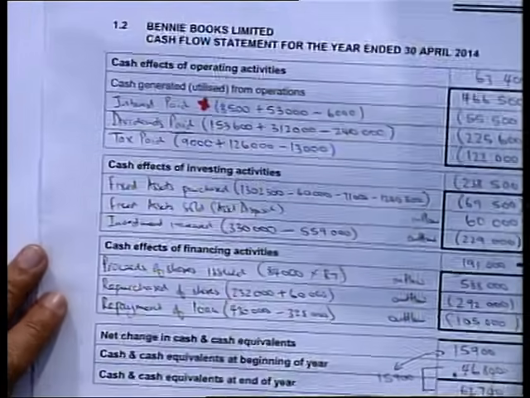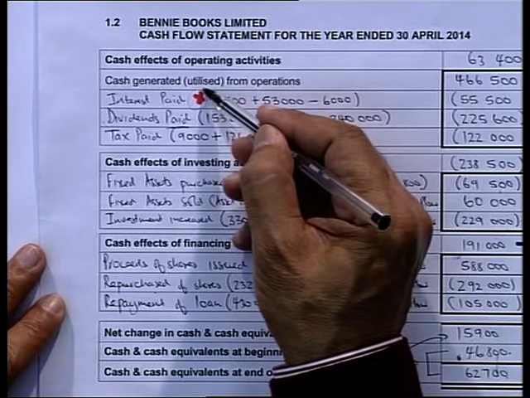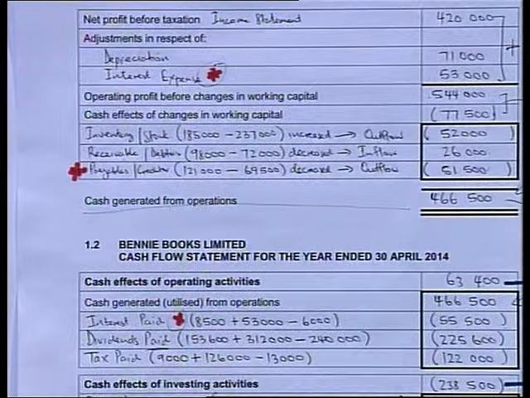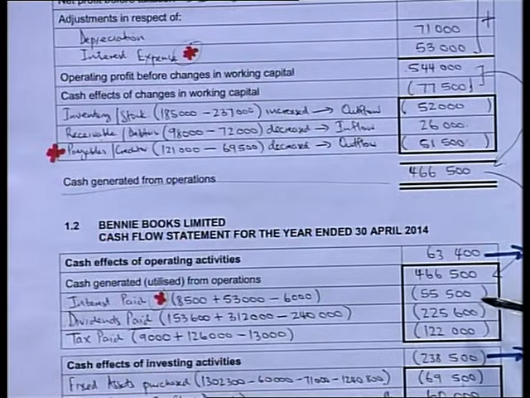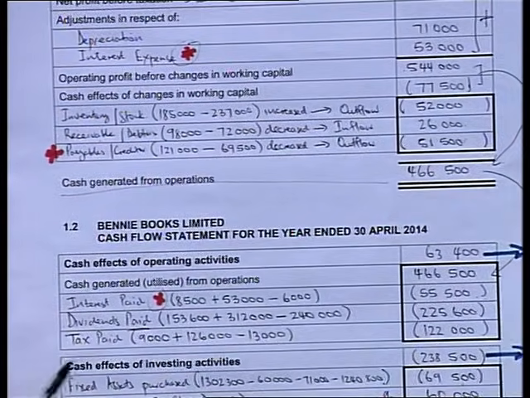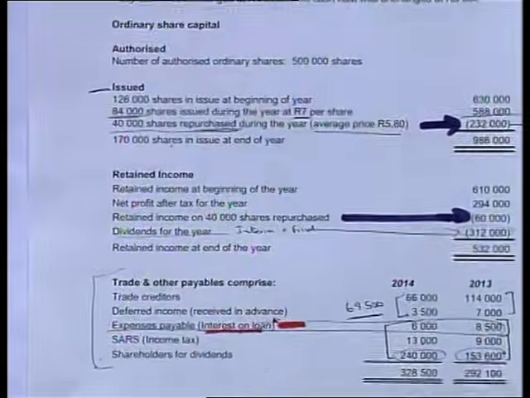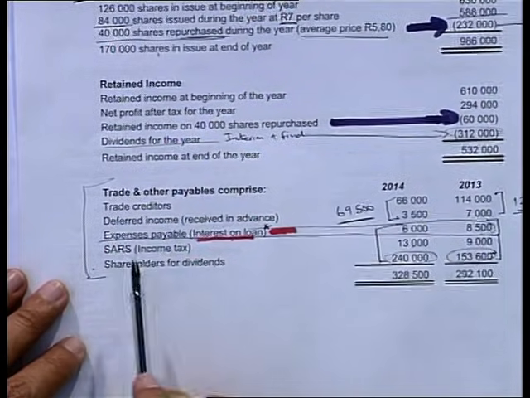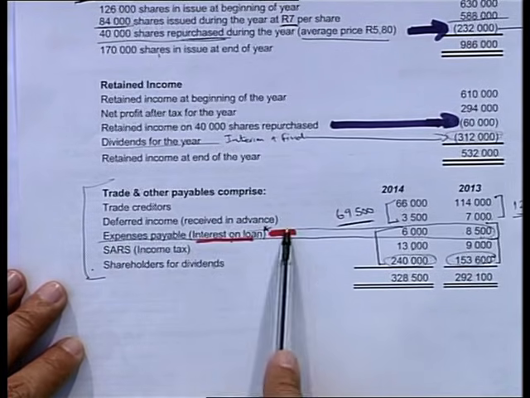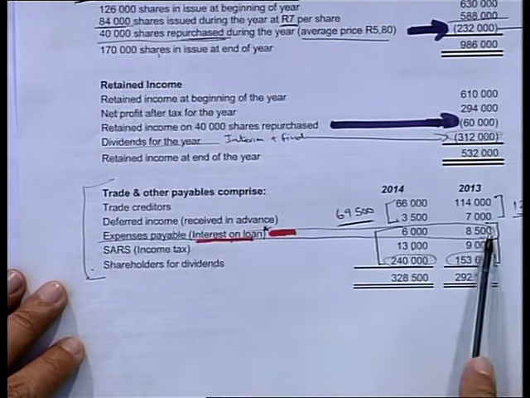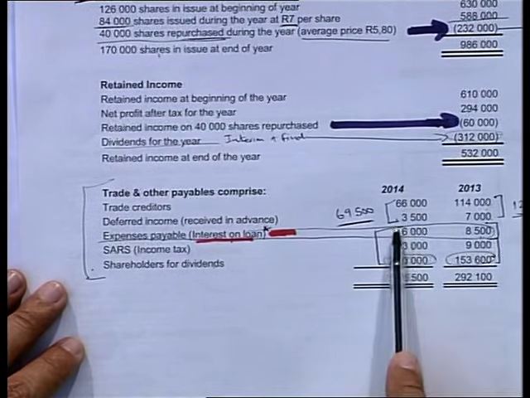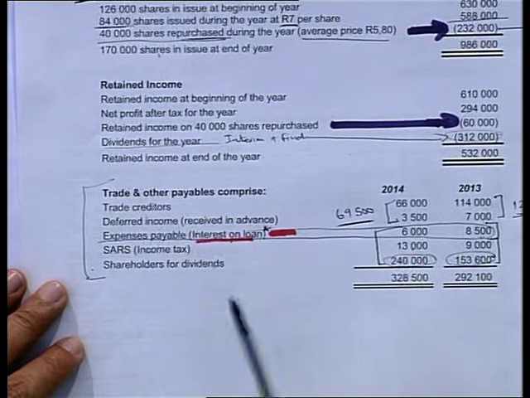Okay, just to recap quickly, the thing that was different in this cash flow was the item for interest expense and the item interest paid. In most exercises or in most past question papers, you'll find that those two figures were always the same. But what makes this one different is in your note for trade and other payables, they specifically indicated expenses payable, interest on loan: you haven't paid 8,500 of last year and you haven't paid 6,000 for this year.